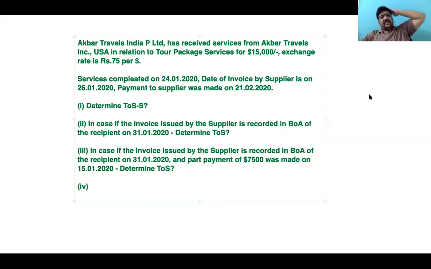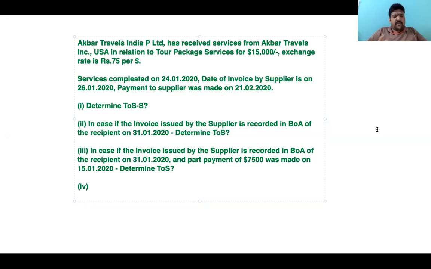See, actually, here there are two times of supply. Kindly understand. We only want the two times of supply. Beyond that, nothing. The first time of supply will, no doubt, be on your advance, which will be 15/1/2020, $7,500, the date of receipt of advance.